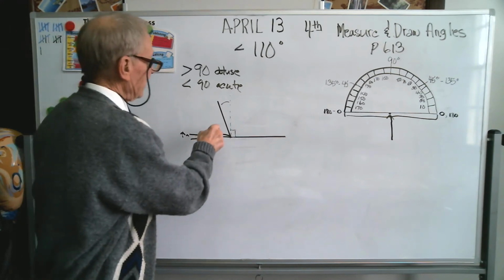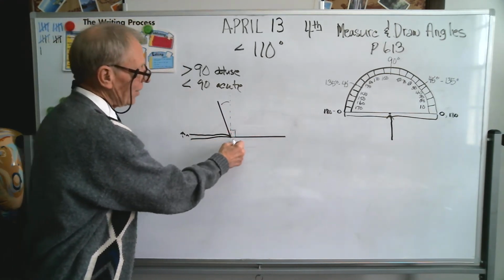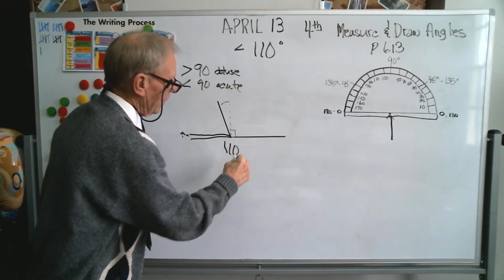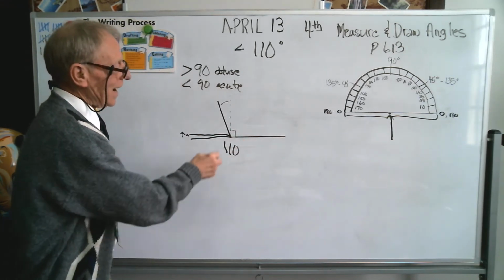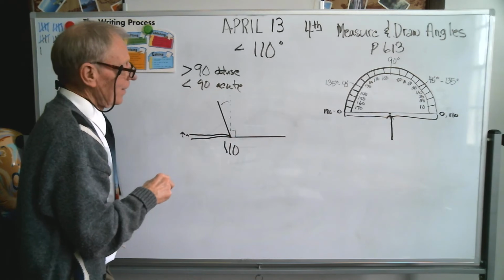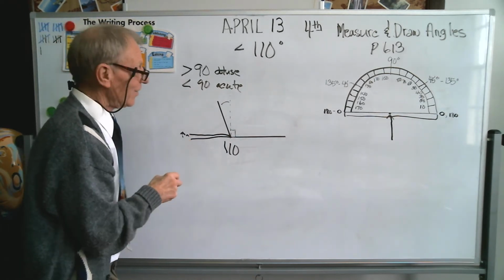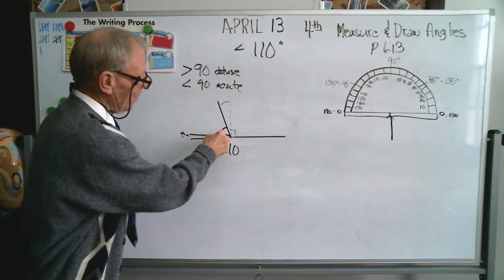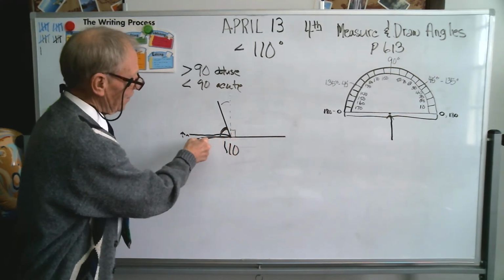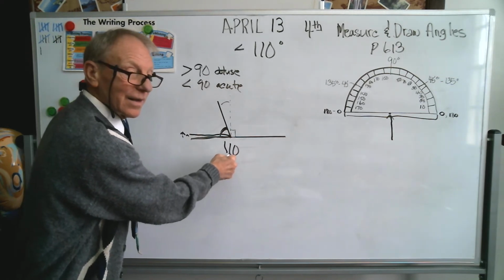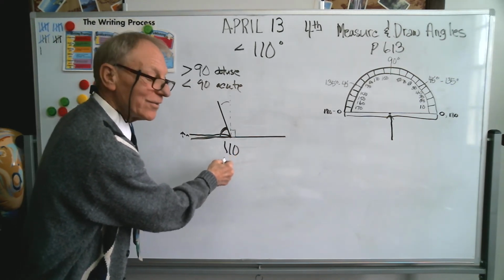Now, I know if this angle here is 110 degrees, then I know that the missing angle, this angle here, when it gets back to flat, has got to be how many degrees?